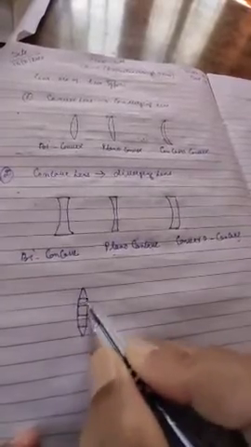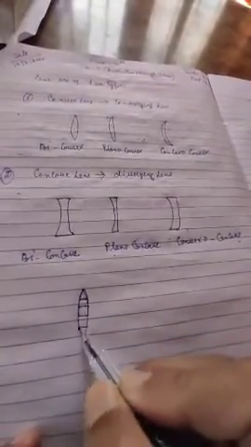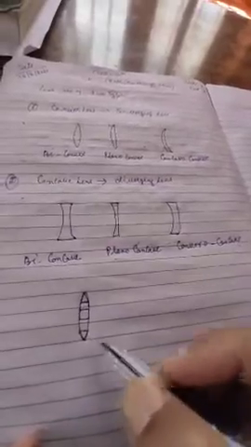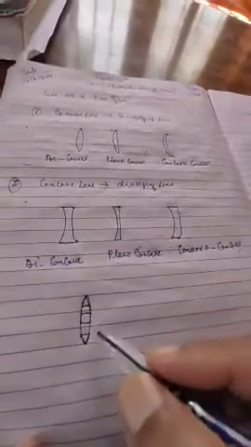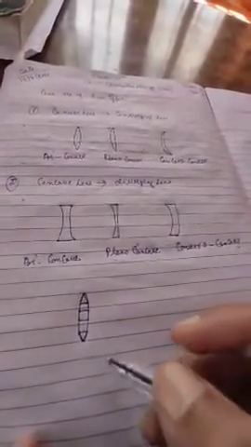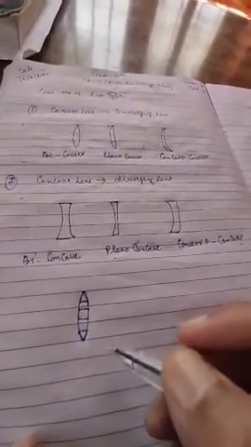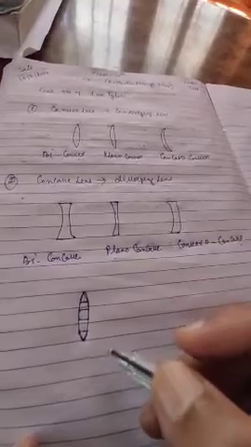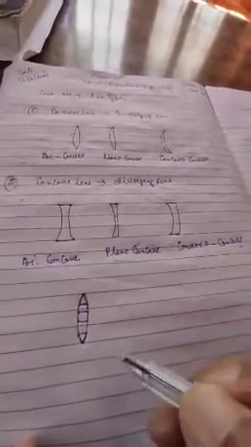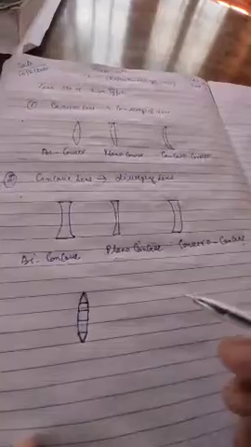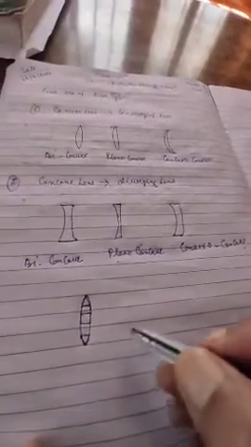It means that the refraction of light through a lens can be understood in a simple way by considering a lens as being made up of a set of prisms.